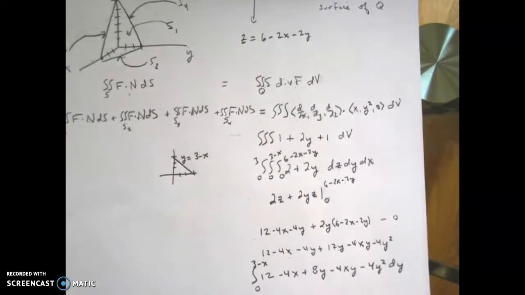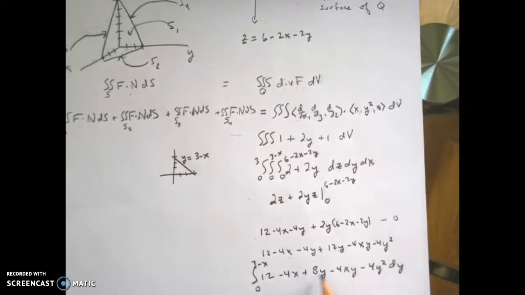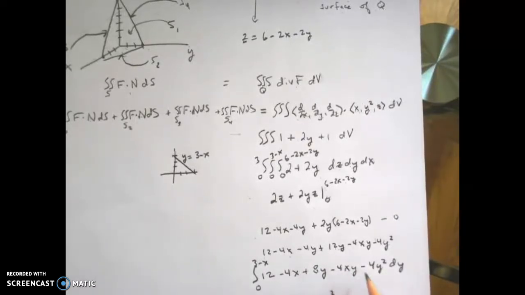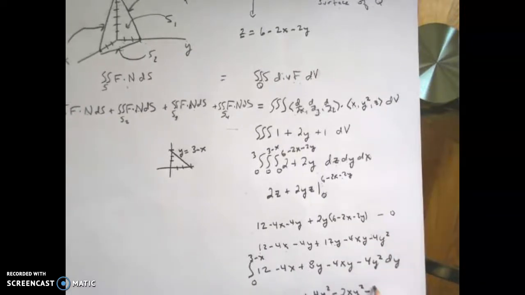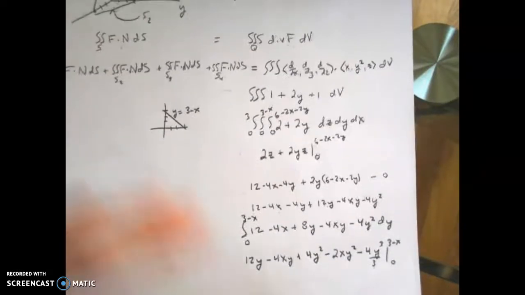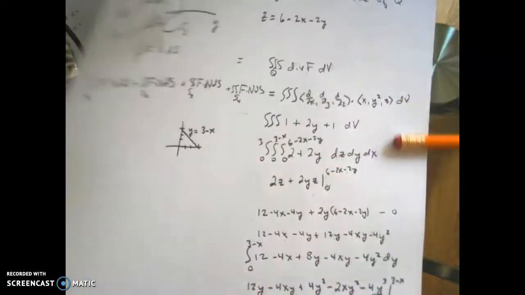So we've got 12y minus 4xy plus 8y squared over 2, so 4y squared, minus 4xy squared over 2, so 2xy squared, minus 4y cubed over 3, as y goes from 0 to 3 minus x. Make sure you can see that.